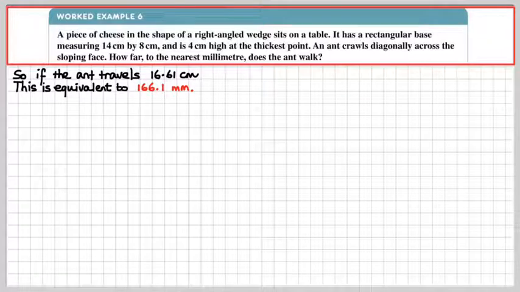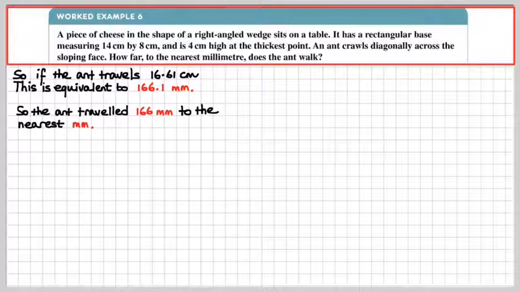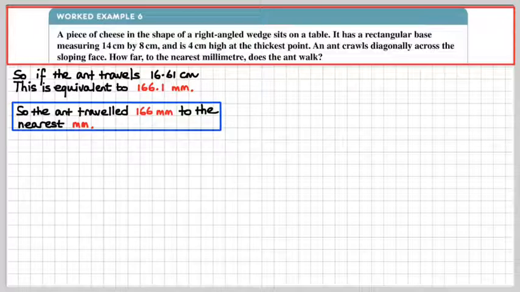Yes, 166.1 millimetres, but we're asked for it to the nearest millimetre, so we have to round off to the nearest whole millimetre. Yep, so it's going to be 166, and I think that's our answer, and I've put it in words, haven't I? Which is what we have to do, put a box around it, and everything's good. That, guys and gals, is our answer. And we wish the ant wasn't there in the first place, but he did travel 166 millimetres across our cheese.